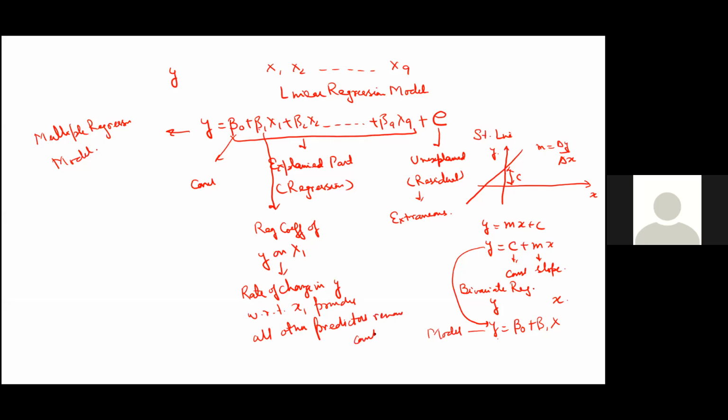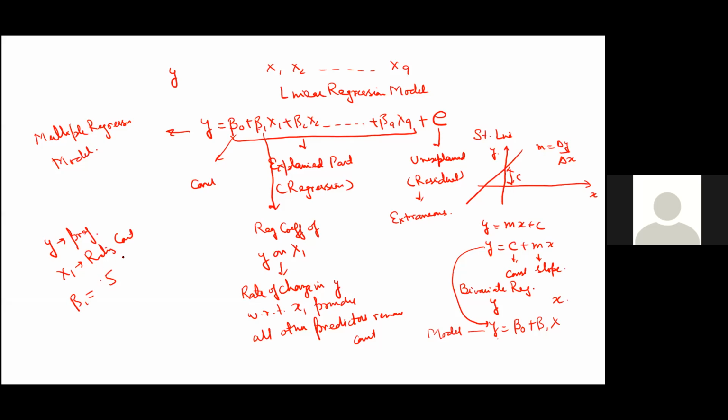Suppose in this case y is preference, and x1 is the rating given to the count, and beta 1 comes out to be, suppose, 0.5.